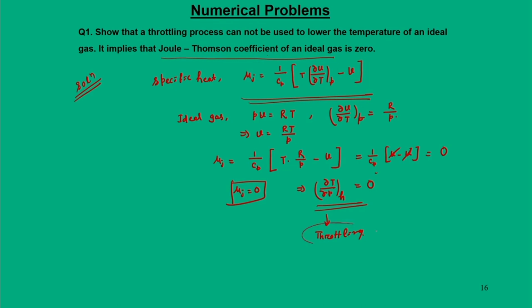This makes us understand that in a throttling process, since mu J is equal to 0, the throttling process cannot be used to lower the temperature of an ideal gas, though it can lower the pressure. So, this is the fundamental concept for the Joule-Thomson coefficient. With this, I come to the end of this lecture and also the end of this module. Thank you for your attention.